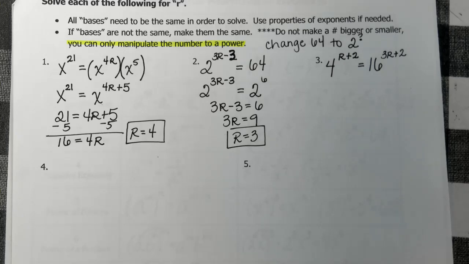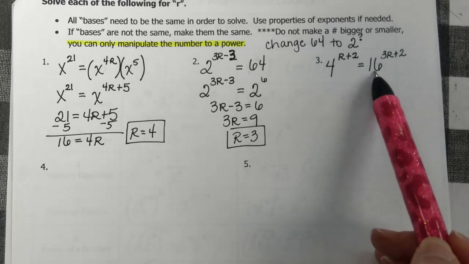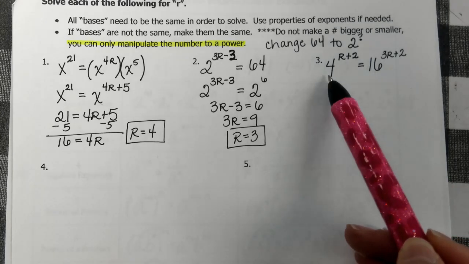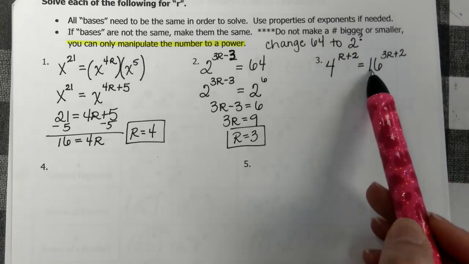So 4 raised to the r plus 2 equals 16 raised to the 3r plus 2. Are 4 and 16 like bases? Could I make my larger base, could I manipulate that to be a smaller base? Yes.